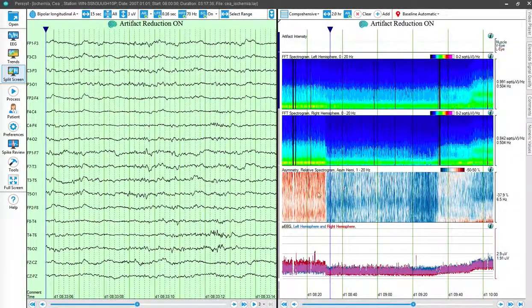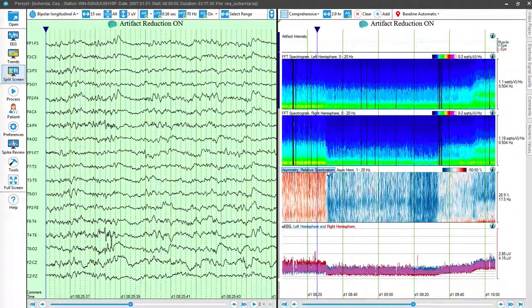Pretty easy. If we look at the asymmetry spectrogram, we've got 20 bins, 20 frequencies from 1 to 20 hertz. To output the values at the cursor position, it's going to show you the maximum asymmetry and at what frequency that asymmetry peaks.